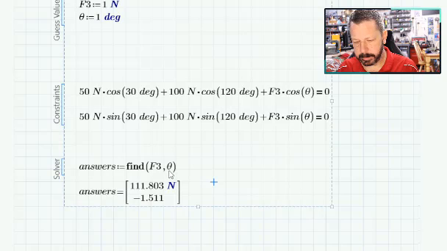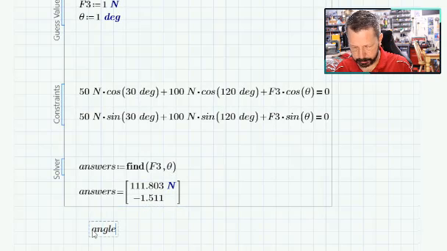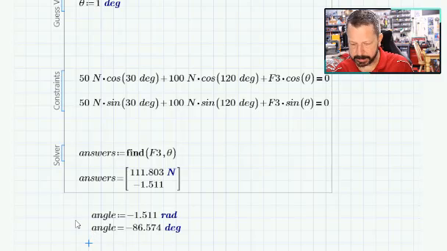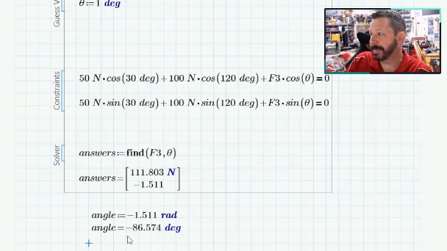So it did put that in radians. Angle equals negative 1.511, that'd be radians. Angle equals how many degrees? Negative 86.574 degrees. We have to interpret what that negative 86 degrees means.